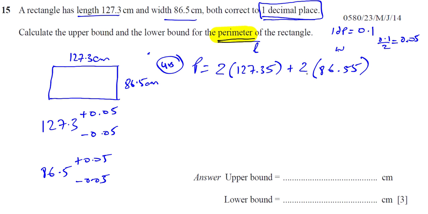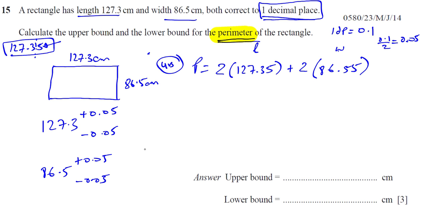This is where some people say, hold on a second, sir. If I round 127.35, I'm not going to get 127.3, I'm going to get 127.4. Now, this is the upper bound, despite what you say. The word upper bound, by definition, means everything up to, but not including, that number.